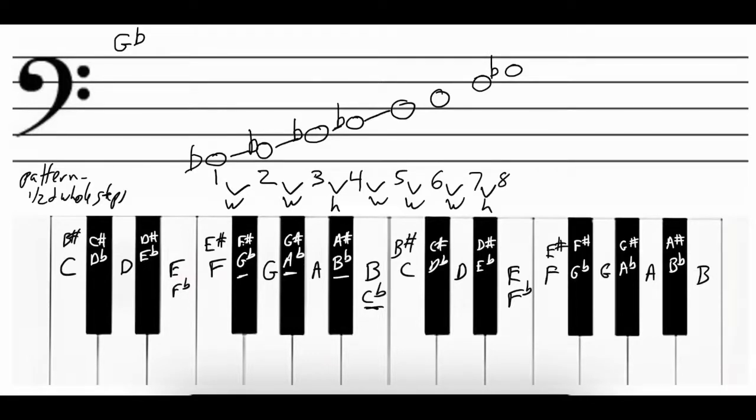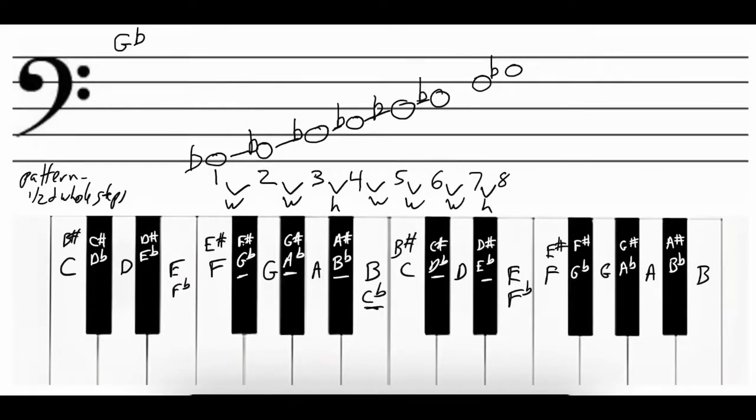From the fourth to the fifth note is a whole step. A whole step higher than C flat is D flat. From the fifth to the sixth note has to be a whole step. A whole step higher than D flat is E flat.